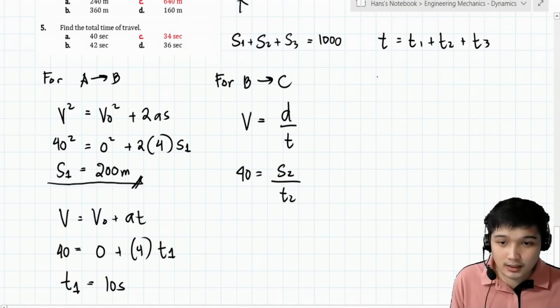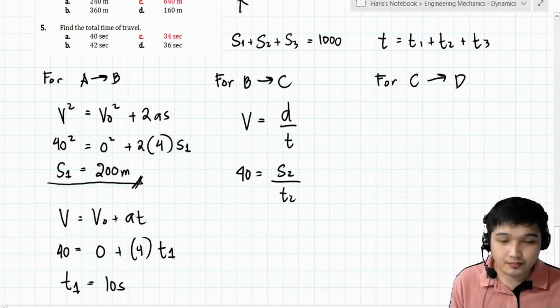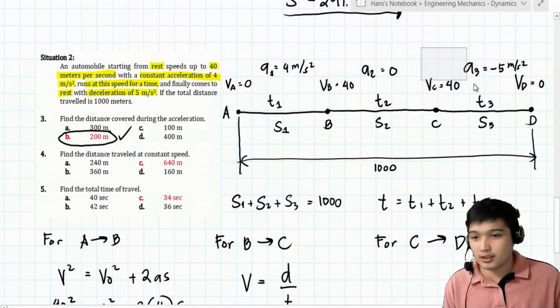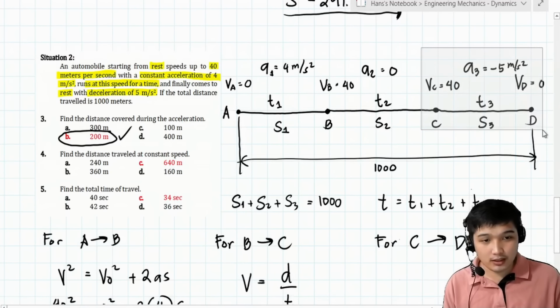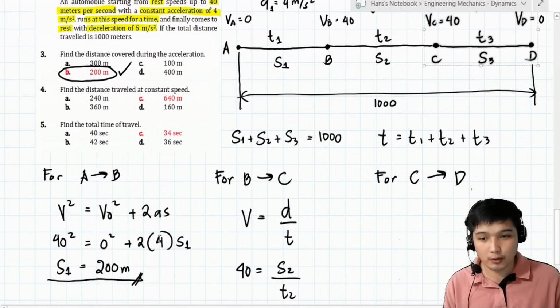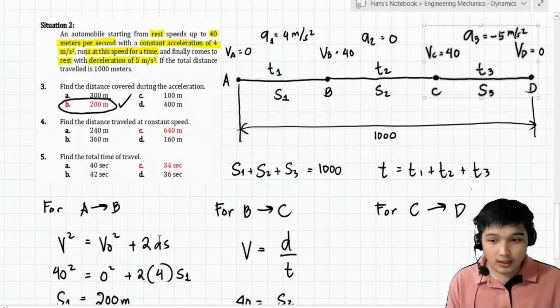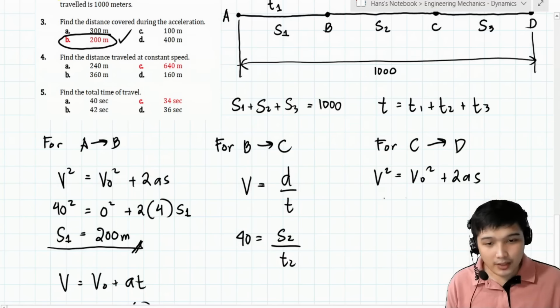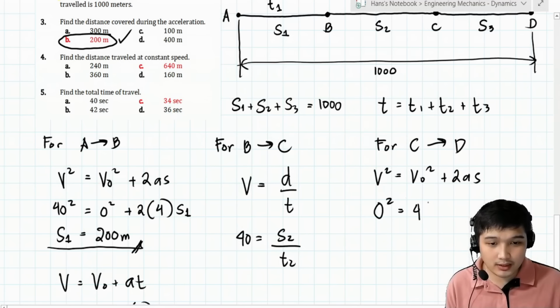So let us go to C to D. C to D is under constant acceleration again, so I think we can use the same approach we used in A to B. Start with V squared is equal to V0 squared plus 2AS. The final velocity for segment C to D became 0. It started at 40 at C, plus 2 times the acceleration, and the sign is important: negative 5.